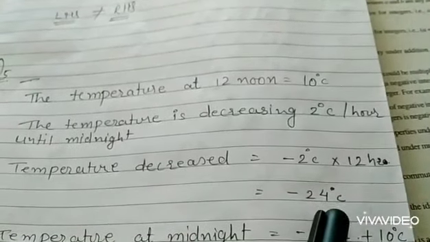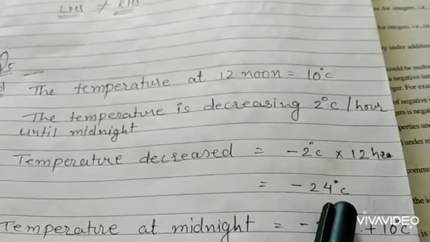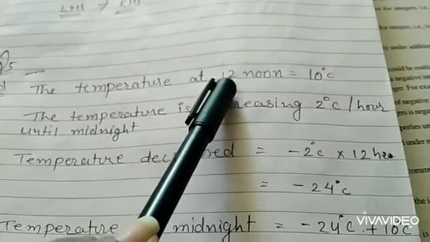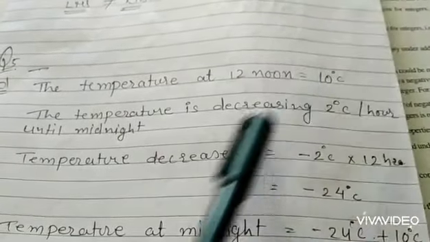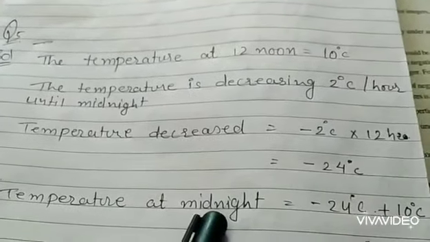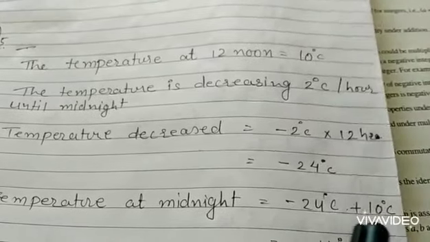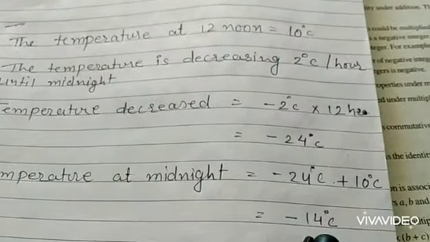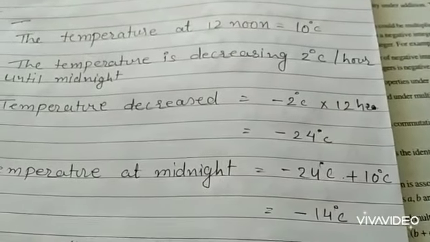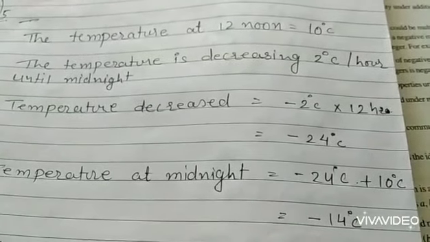So it will be minus 24 degrees Celsius. And as we know, earlier the temperature was 10 degrees Celsius. So the temperature at midnight will be minus 24 plus 10 degrees Celsius. So it will be minus 14 degrees Celsius. This is the temperature at midnight.